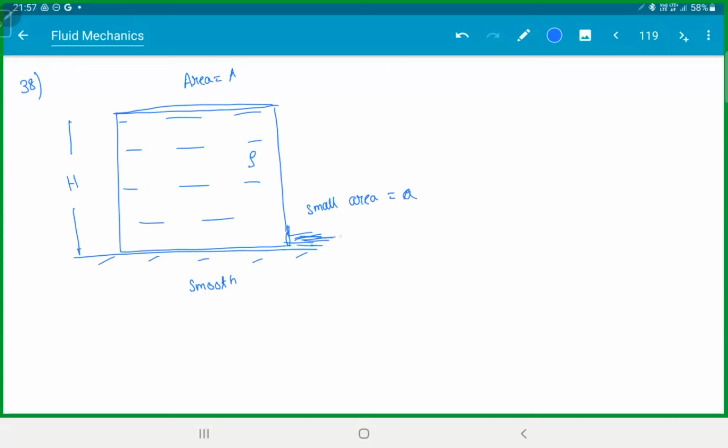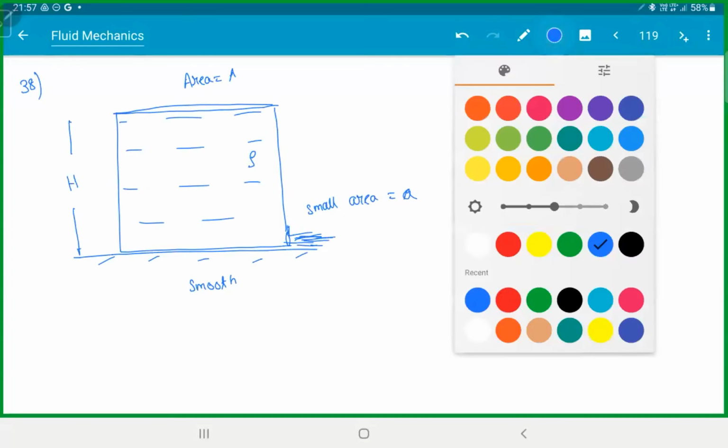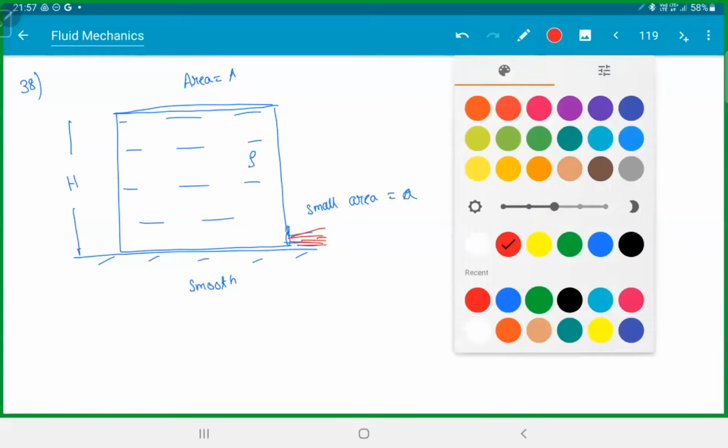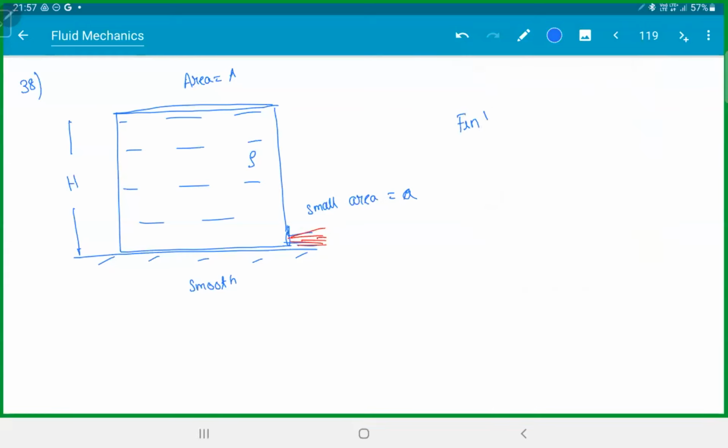When the water comes out, doesn't it look like a rocket thruster? The water jet is flowing out, so it will push the container. Find the initial acceleration of the container. The moment you open the hole, water will come out, pushing the container backward. How do you do that?